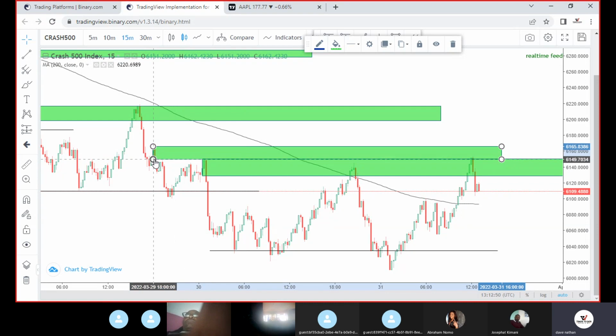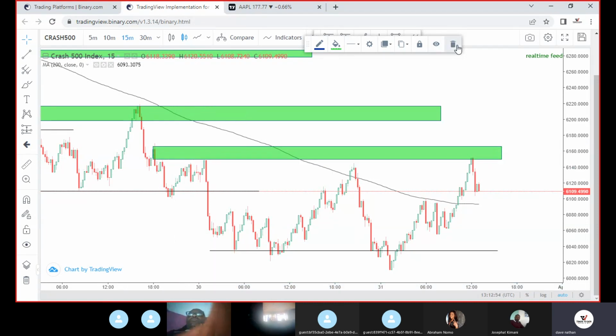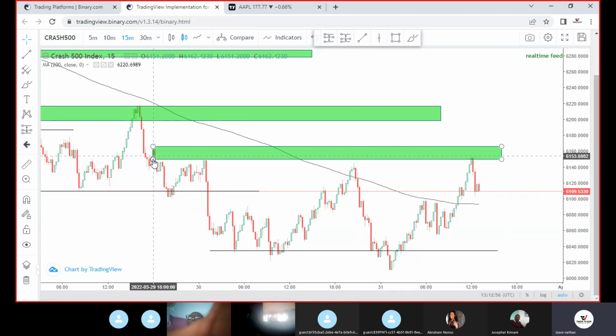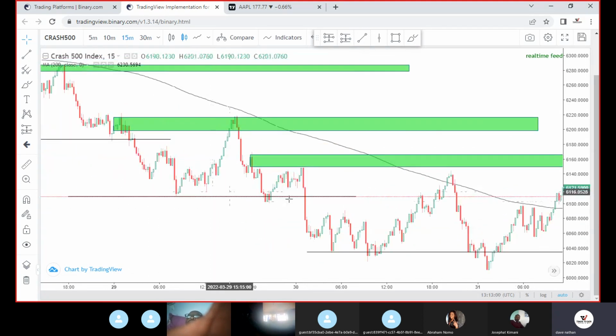Let me show you guys what happened. Price actually came to this previous, because if you look at this clearly, this is the support that was broken, and then the impulsive move started from here. It broke this support. Now, the challenge with order blocks, you might have a lot of bullish candles, and then you're like, which one are you going to mark?